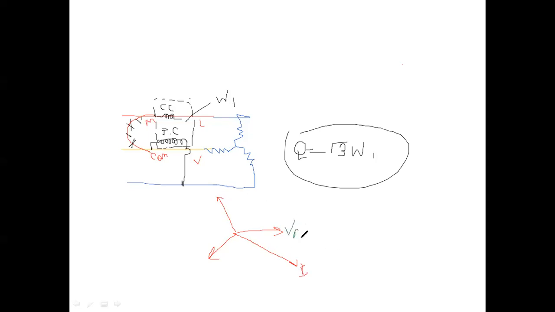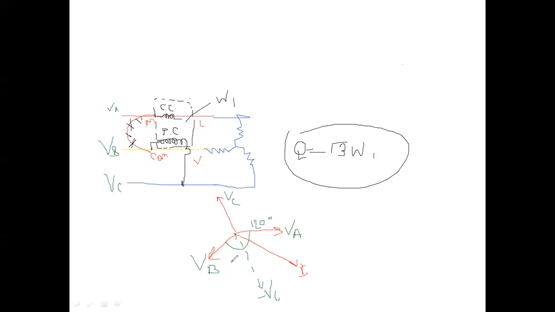This is VA, this is VB, and this is VC. If I draw another one in the opposite direction, this is minus VC. You can see this is 120 degrees, and this is 120 degrees.